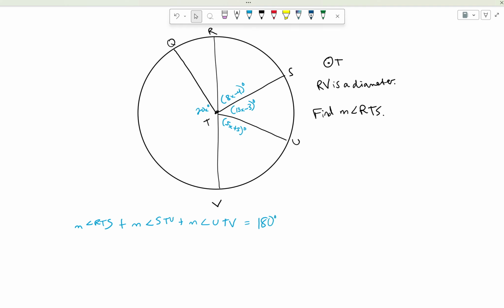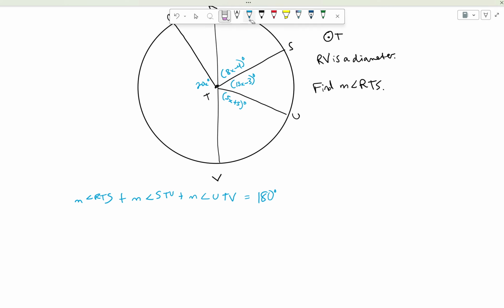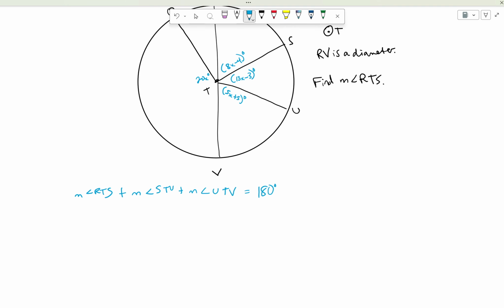What I want to find is RTS, and what I'm going to have to do is first find what x is. So I'm going to substitute here. I have 8x minus 4, plus STU is 13x minus 3, plus UTV is 5x plus 5, and that's equal to 180.